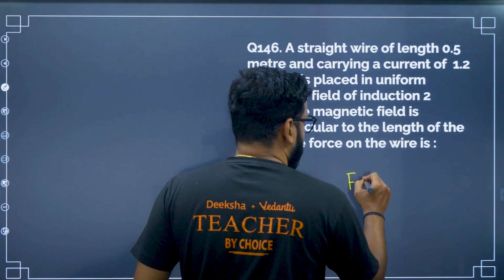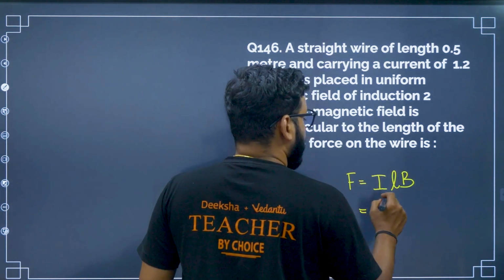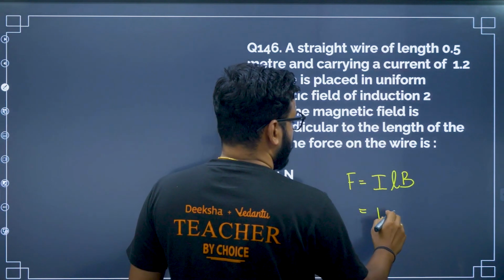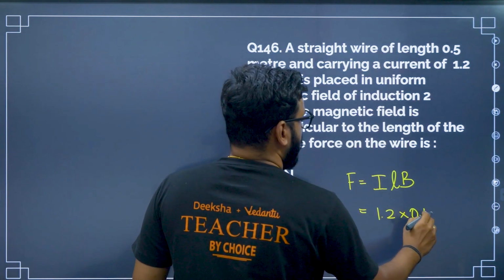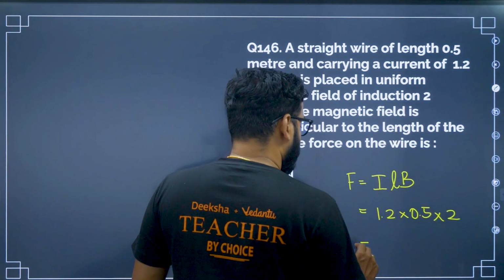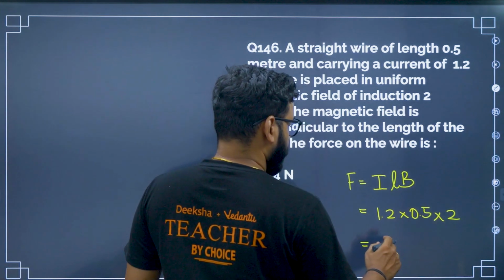Force experienced by a straight conductor is ILB, so current into length into magnetic field. The current is 1.2, length is 0.5, and the magnetic field is 2.